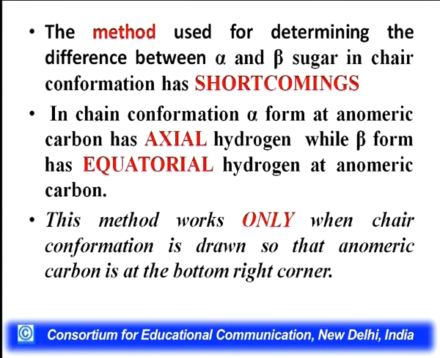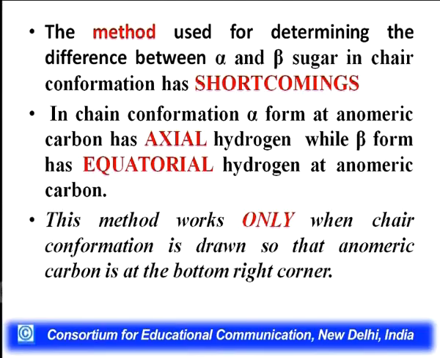Now there is little ambiguity. Now this method which we've been using, that the OH is at the axial position in alpha anomer, and OH is at the equatorial position in the beta sugar in the chair conformation, has a little shortcoming.